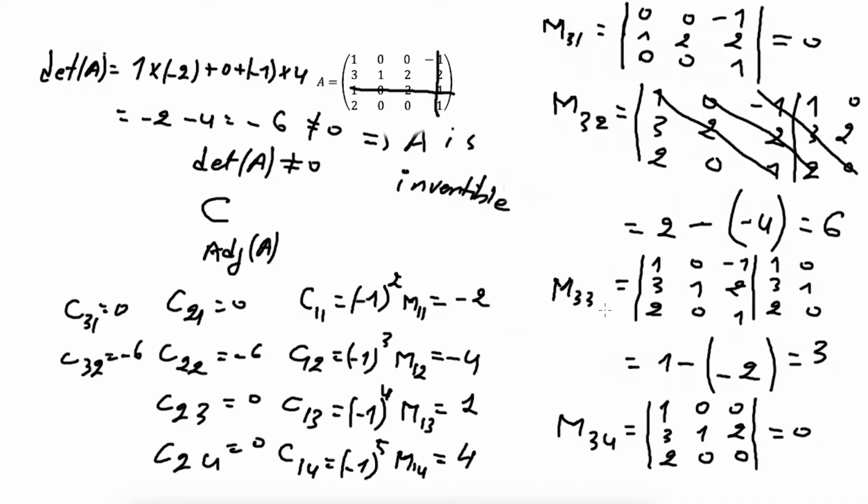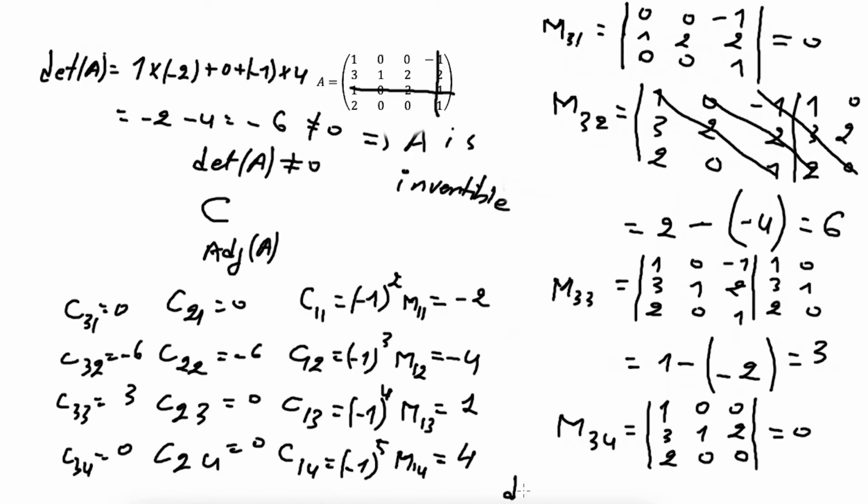And M33 here is 3, but 3 plus 3 is 6, so it will be minus 1 power 6, which is equal to 1, so it will be 3. So C33 is equal to 3. And C34 is equal to 0 because M34 is equal to 0. So C34 is equal to 0.